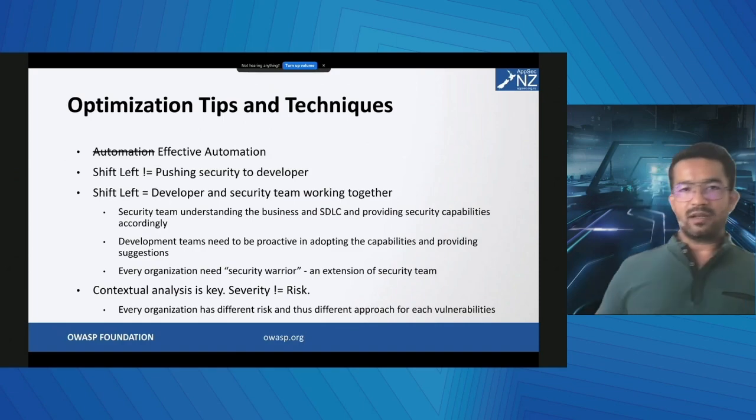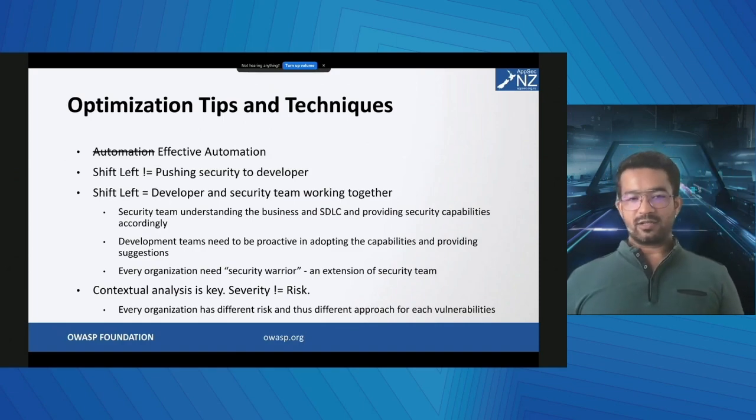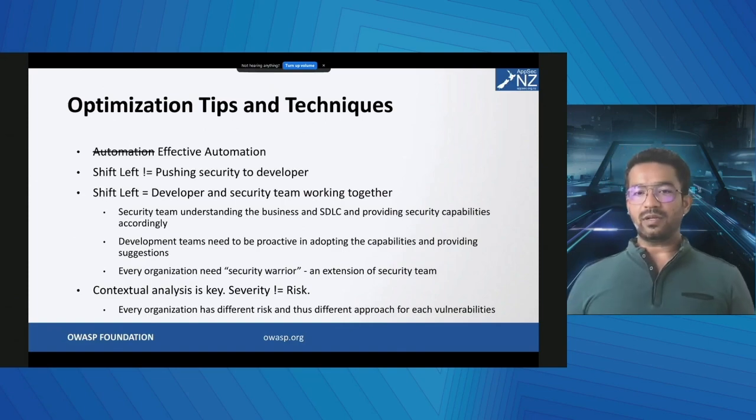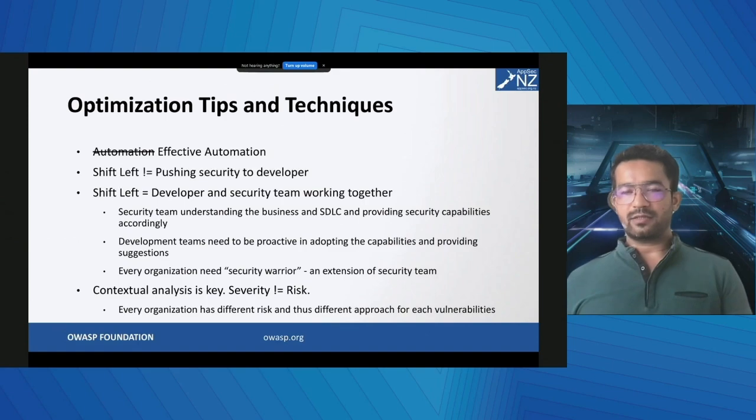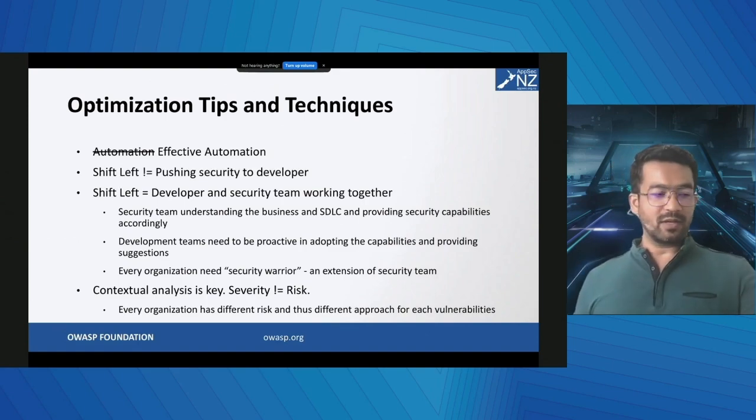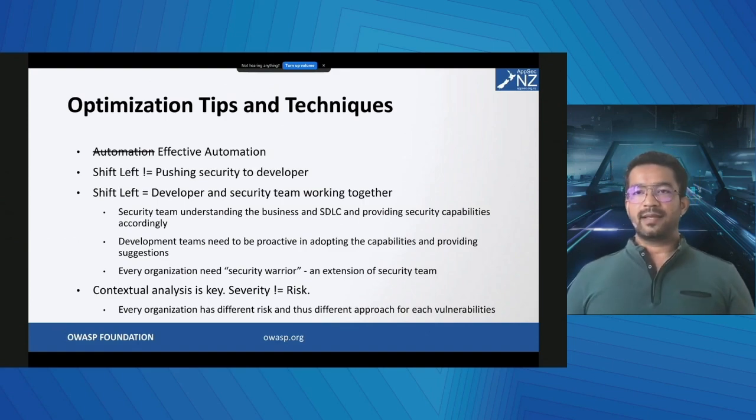The third point in optimization is that contextual analysis is key. Nowadays, the industry is picking up that severity is not equal to risk, ever. What it means is that if any organization targets fixing each and every vulnerability in the organization, then that program is bound to fail.